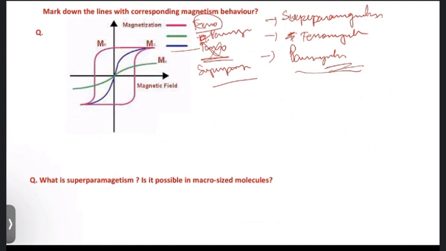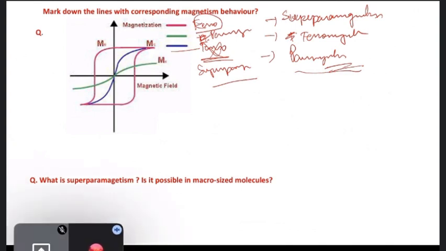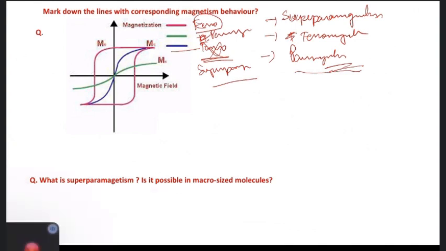Is my voice echoing? No, no, clear only, ma'am. You can explain. Okay. So paramagnetic materials show magnetism in the presence of a magnetic field. If there is no magnetic field, there is no magnetism.